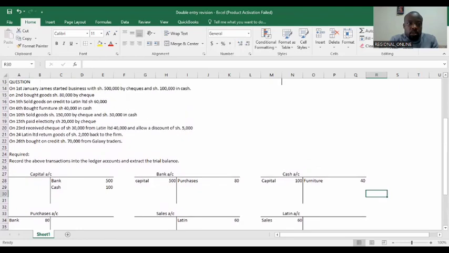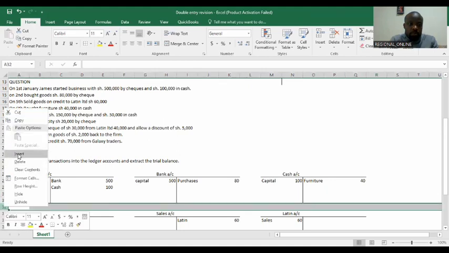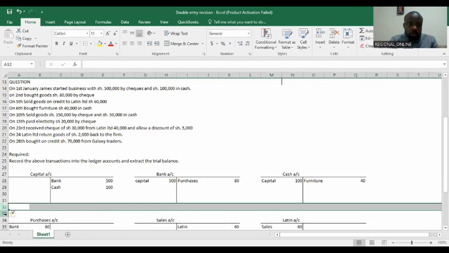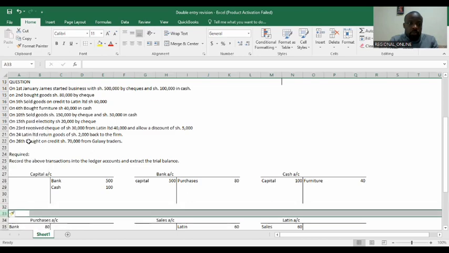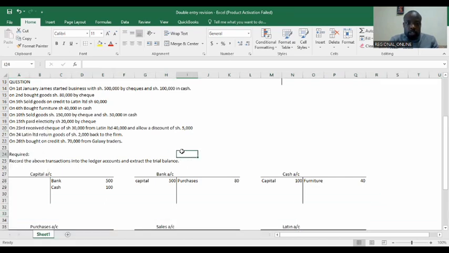That is on 10th, sold goods, 150 by cheque and 50 in cash. So it's making sales. And now these sales are coming in by cheque and in cash.